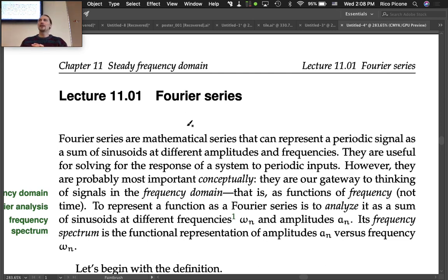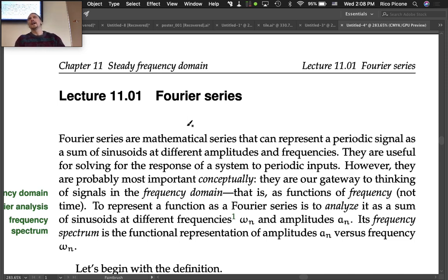Also, I will mention as a caveat that this frequency domain analysis is not ineffective for transient analysis as well. But steady state analysis is what we're going to be focused on.